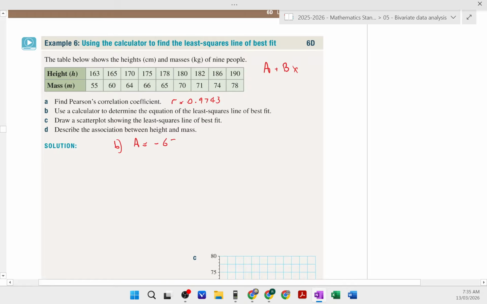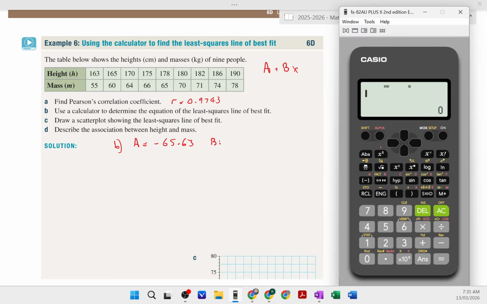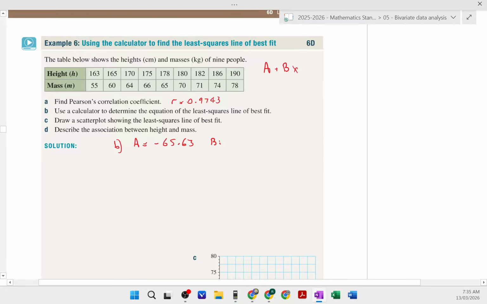Then for B, we go back to the calculator, hit all clear, go Shift 1, 5, and then we want number 2, hit equals, and we get 0.7512. I'm going to go to 2 decimal places as I did on the previous one, so 0.75. All right, so we've got our A and our B.